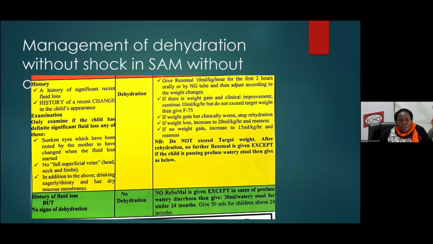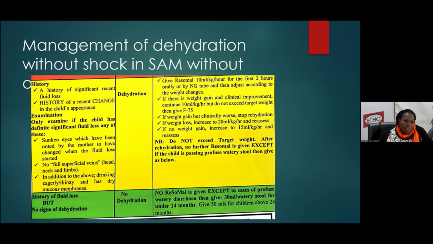So this is for a child with some dehydration and no dehydration, how to manage them, how to recognize that they have dehydration and not in shock. So this is a child with a history of significant fluid loss that's most likely through diarrhea. Then the mother may tell you, my baby's eyes are quite sunken.